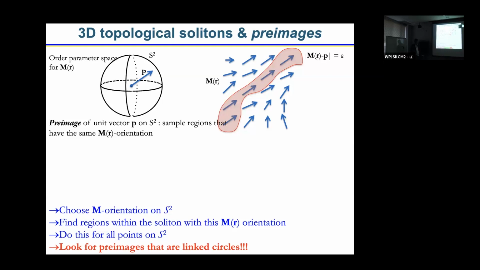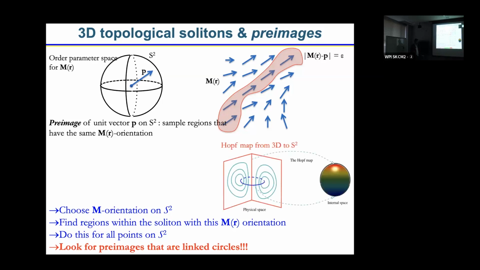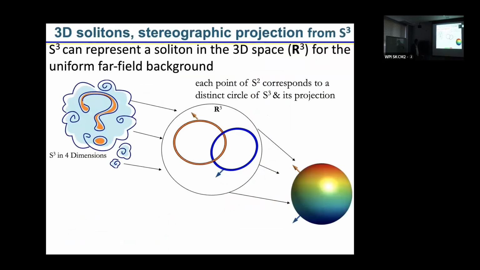And so in order for us to have a Hopfion, these pre-images need to have the geometry and topology of closed loops, and this has to be the case for all points on the order parameter space.